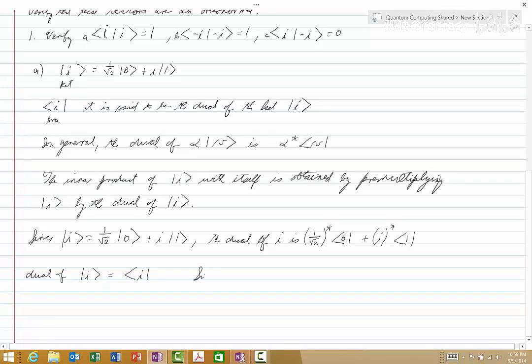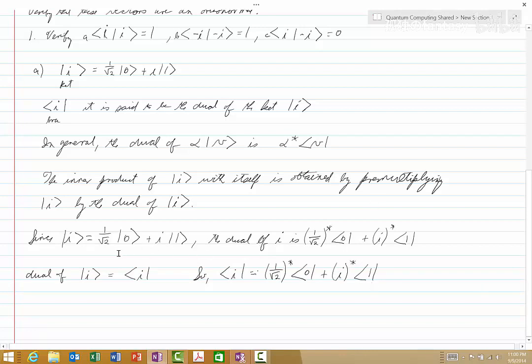So what we have just stated is that the dual of I is equal to 1 over square root of 2 conjugate times the 0 bra plus I conjugate times the 1 bra.